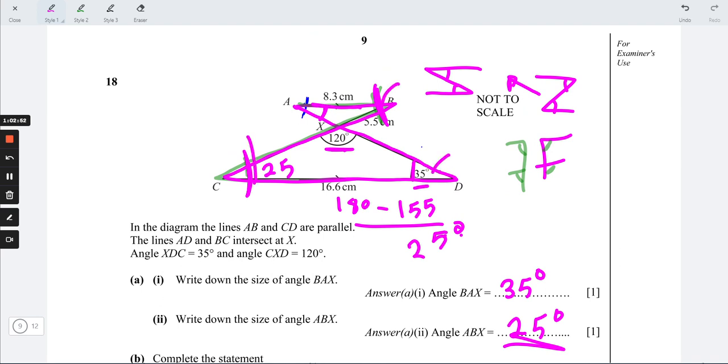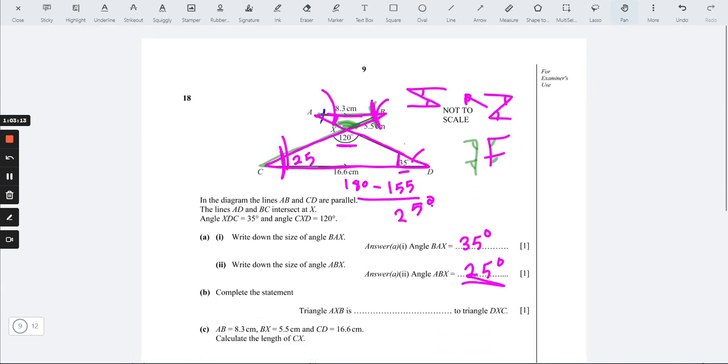We have 25 here, we have 25 here, and also this angle here is 120 because they are vertically opposite to each other. So this angle, the green one, is also 120. So they have the same size of angles. That means they are similar.